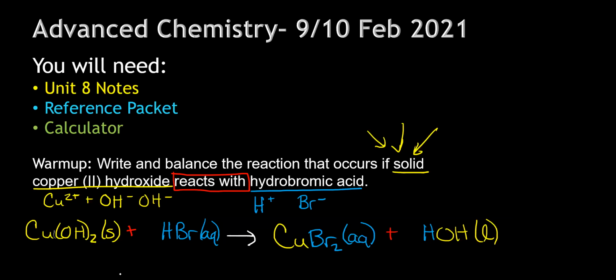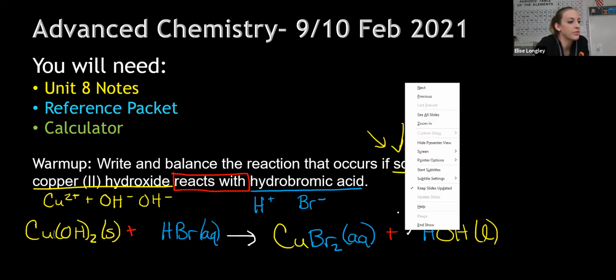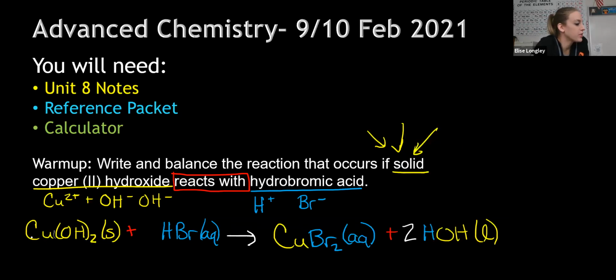Okay. Wait, let me think about it for a second. So I think there needs to be a 2 in front of the HOH. Okay. Where'd you get that? So what I'm guessing is, I'm gonna mind read you a second. You ready? So you said that copper and copper were 1-to-1.